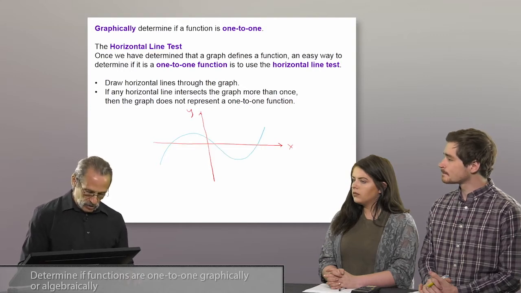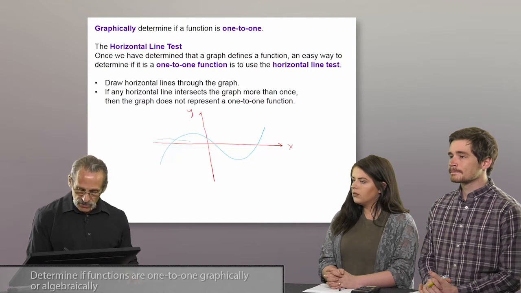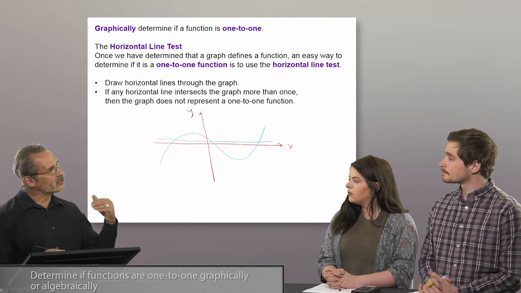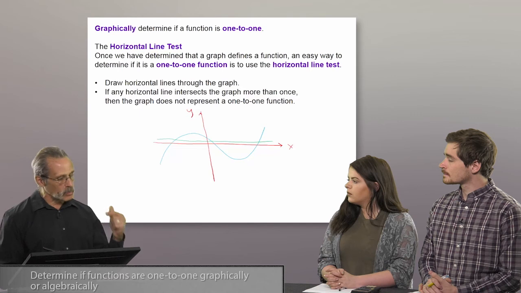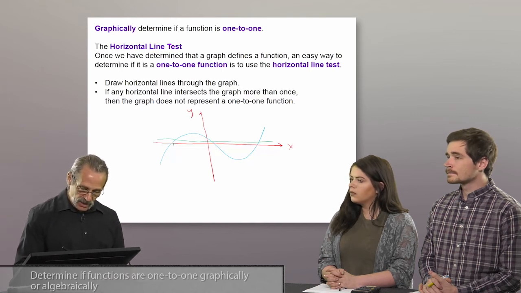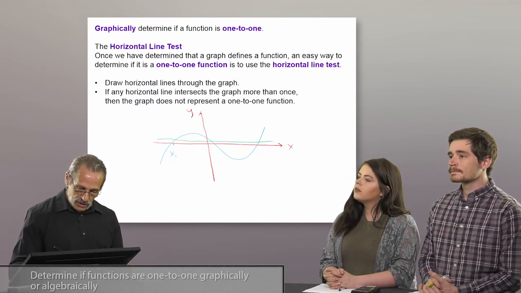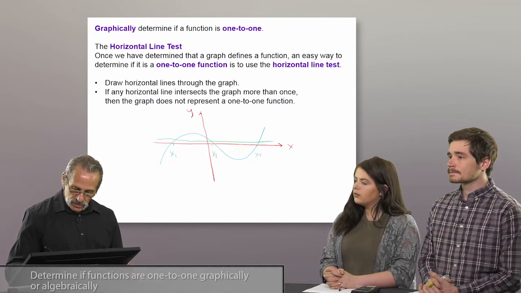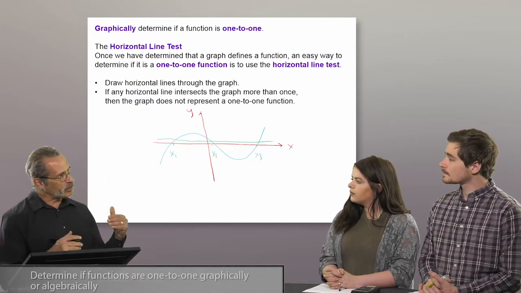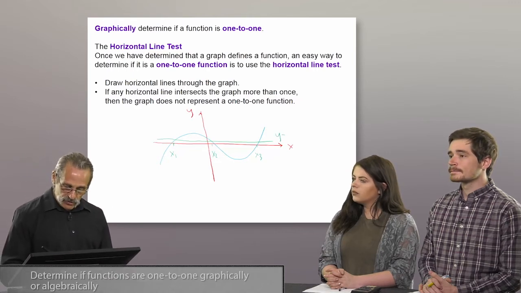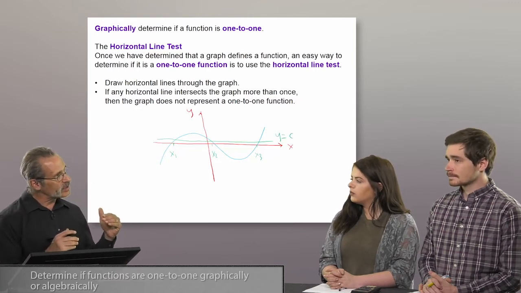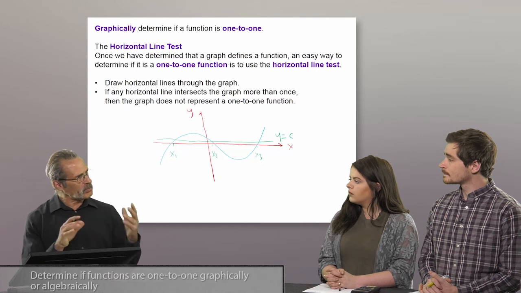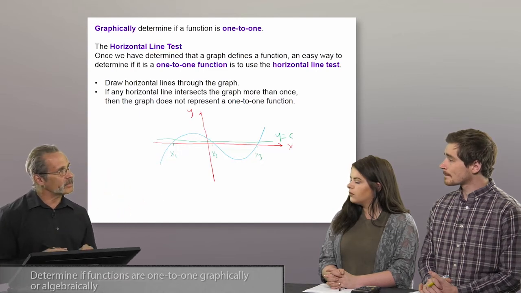And if any horizontal line intersects the graph in more than one spot, and here we're intersecting the graph in 1, 2, 3 spots, then this output, whatever y equals c is, is not assigned one input. In this case, it's assigned 3 of them.